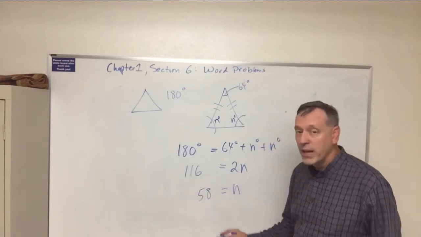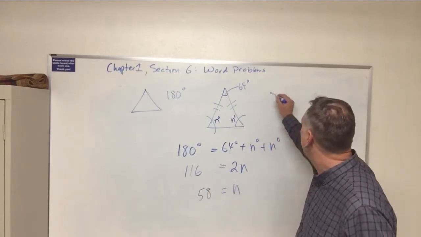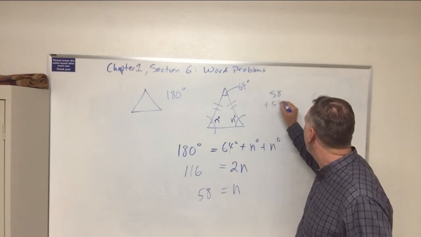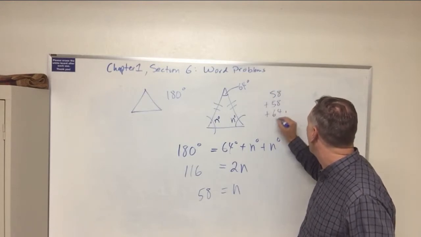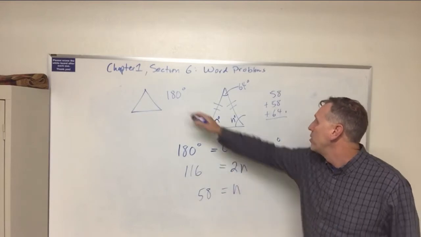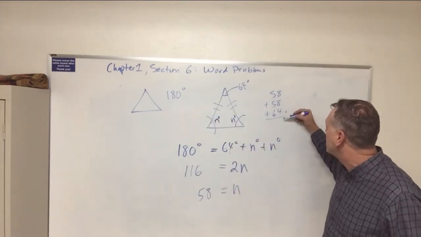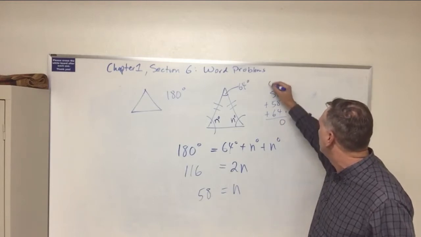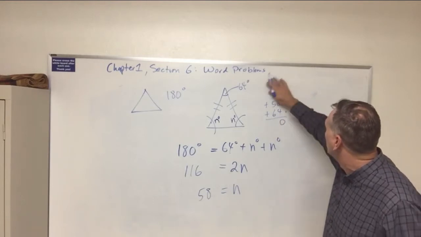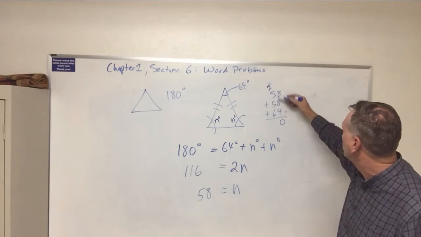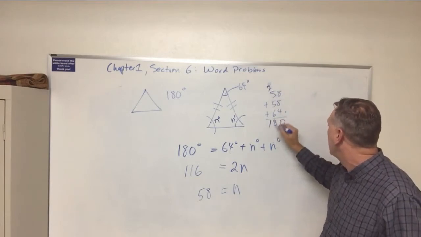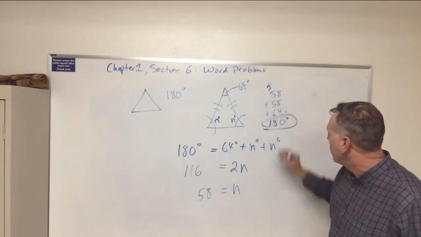And now we can check this pretty easily. 58 plus 58 plus 64. Does that equal 180 degrees as is required? And what we'll find is if you add these up, they in fact do get us to 180 degrees. And so that in fact works.